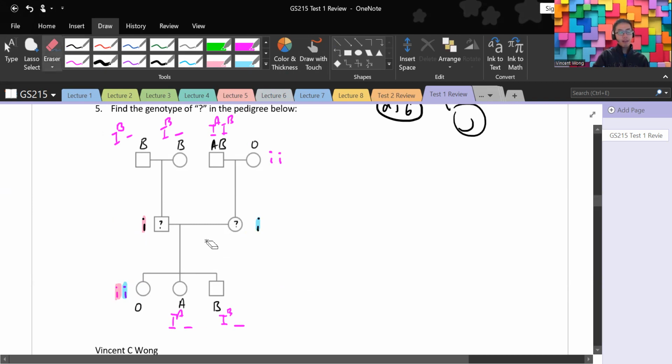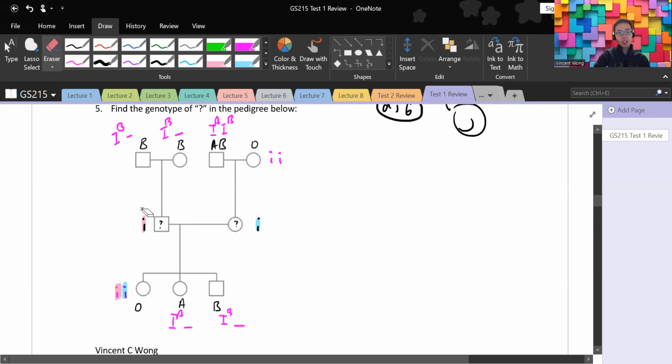But what about the other half? Well, the IA has to come from one parent and the IB has to come from the other parent. But we have to trace back one more generation. You can see at the grandparents level, they are both type B blood.